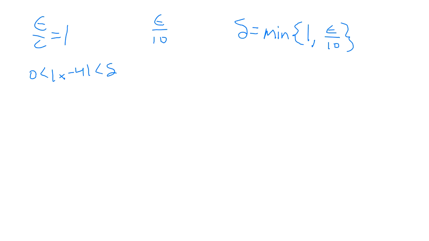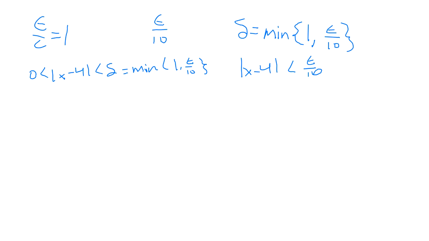Well, we know our delta is going to be equal to that minimum value of 1 and epsilon over 10, or we're trying to prove that. Since epsilon is what we're concerned with right now, let's see what happens when we have x minus 4 less than epsilon over 10. Now we start plugging back in like we normally do and work our way backwards.